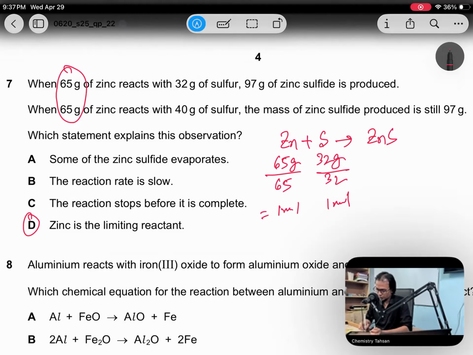In scene 1, both of them are 1 mole, so a 1:1 mole ratio. But in the second scene, we can see zinc is 65 gram, which is 1 mole, but sulfur is 40 gram, which is more than 1 mole, right? So zinc is the limiting agent. That should be the only correct answer.